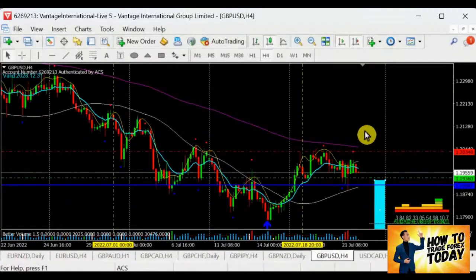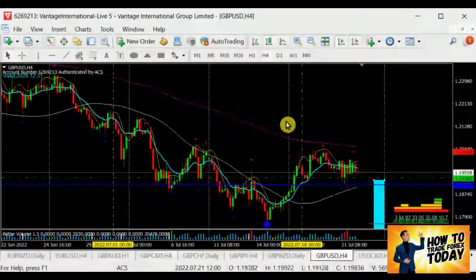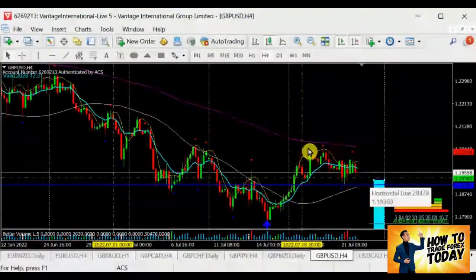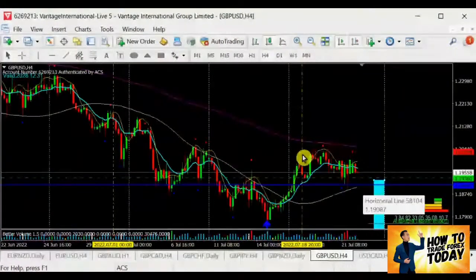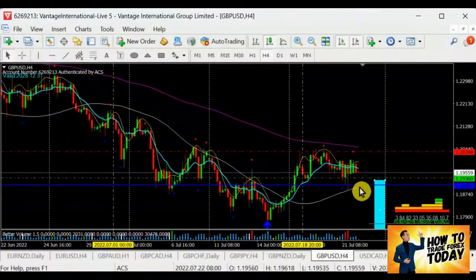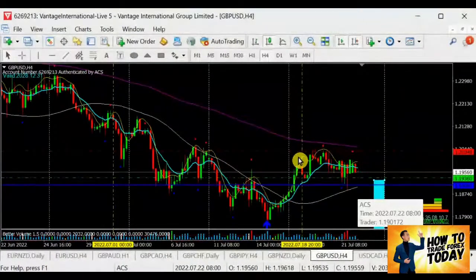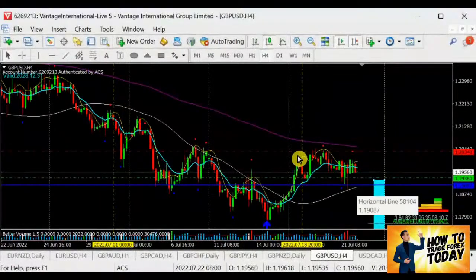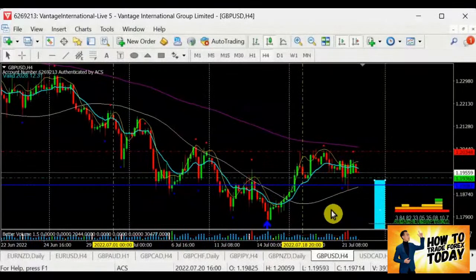Sellers are actually coming in, right? So I will still be looking out for a break of the support level. This area breaks here, closes here, opens here below the support, and I'm going to swing it. I'm going to have a good swing down. So pound dollar is something that I'm taking a very close look at.